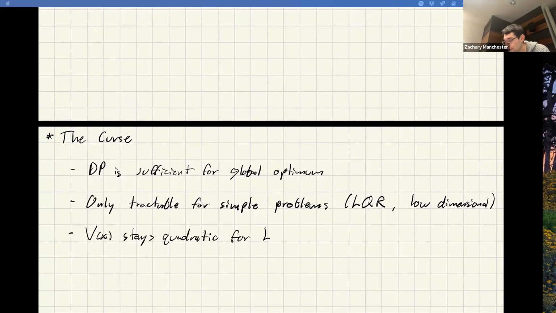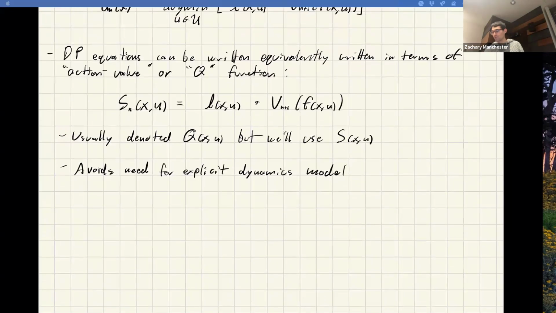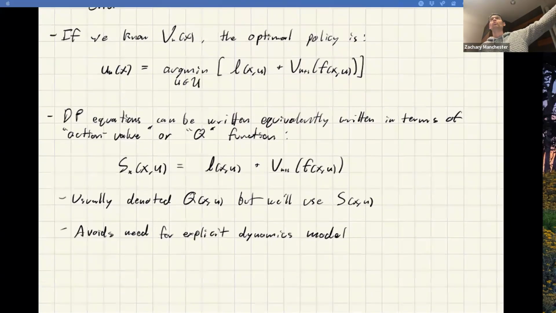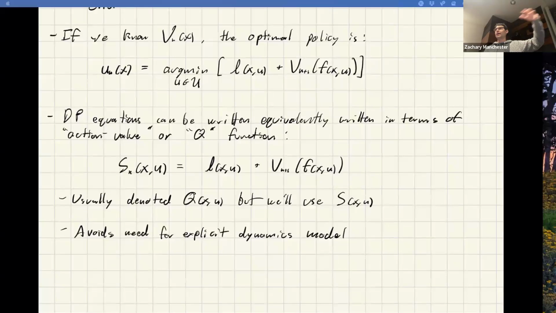But even for benign looking nonlinear problems with a quadratic cost, the key thing here is that when I go backwards, I'm composing V with the dynamics. So even if my cost functions are nice and quadratic, if F is nonlinear, when I compose V and F like that, it's going to get gross. And very quickly, because I'm doing it recursively backward in time, even if F is only mildly nonlinear, I have to do this n times.